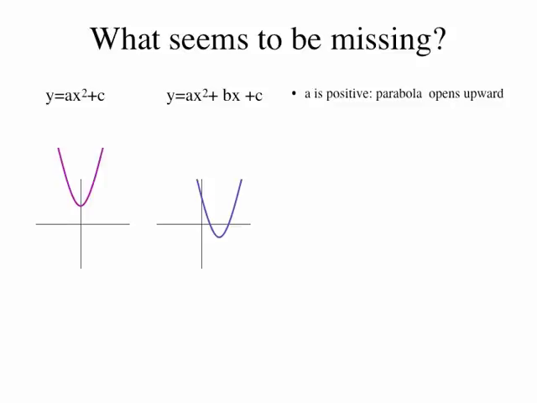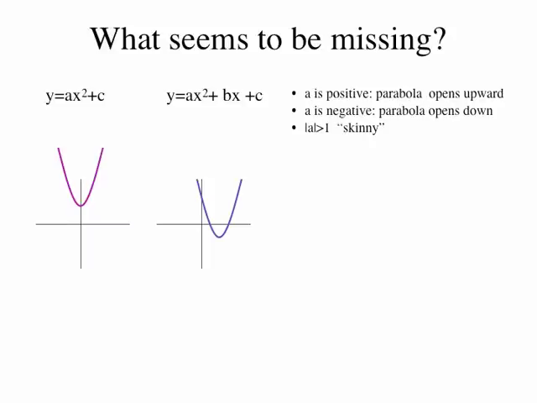So here's what we need to summarize. If a, that coefficient in front of the x², is positive, the parabola opens upward. If a is negative, the parabola is facing downward. If the absolute value of a is bigger than 1, that is, a is numbers like 2, 3, 10, or -2, -3, -10, then the parabola represents a vertical stretch.